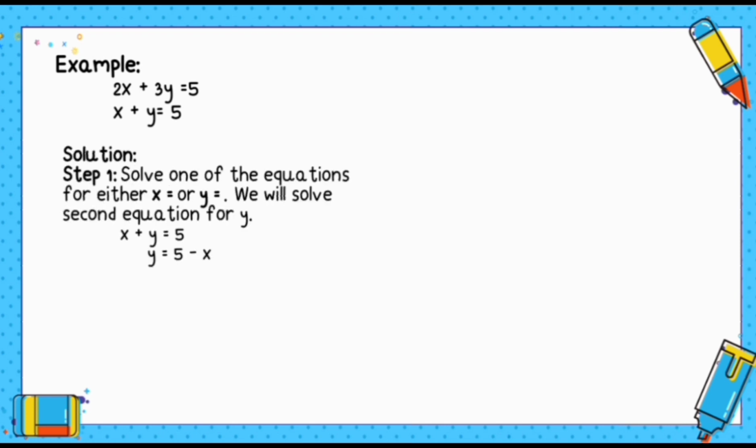The first step is to solve one of the equations for either y or x. We will solve the second equation for y. So, x plus y is equal to 5, y is equal to 5 minus x.